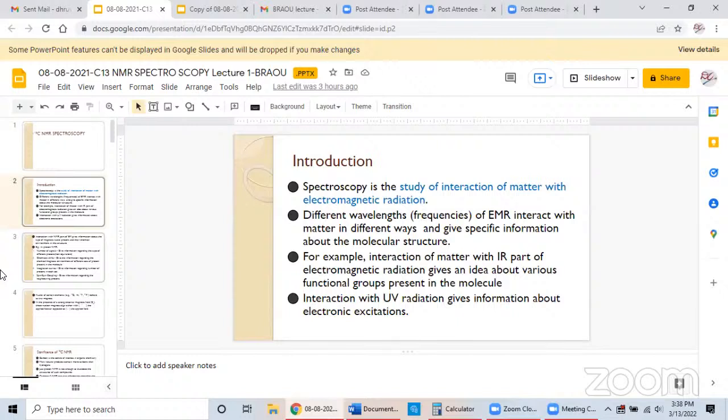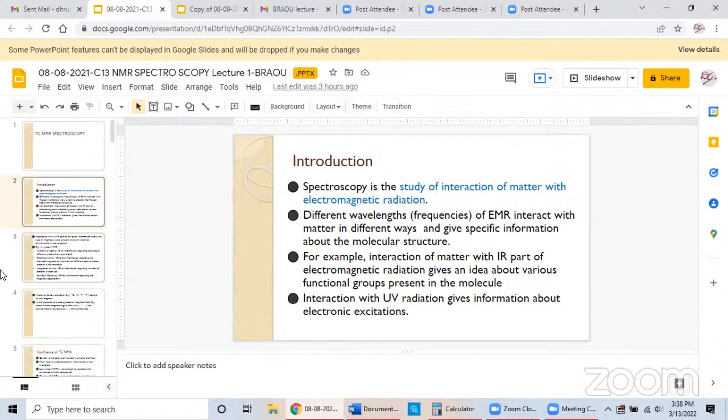That is the reason why the overall sensitivity of carbon 13 is about 1/6000 as compared to proton. That is also one of the reasons we used to require more sample for recording C13 NMR, but less sample for proton NMR, before sophistication.